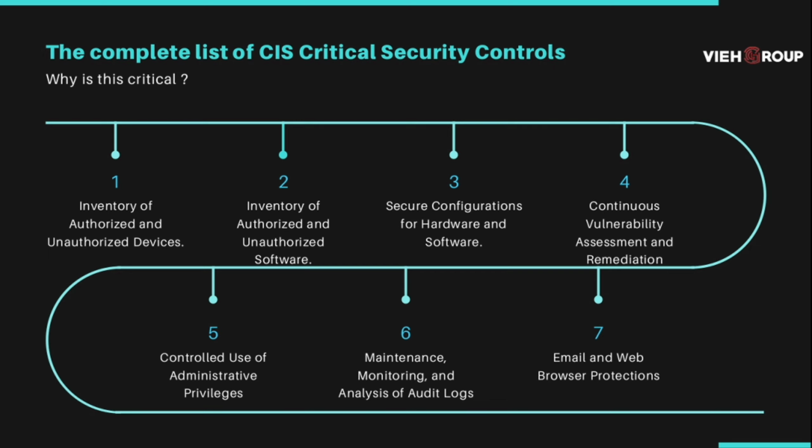The fifth point we passed along, and now it's time for the sixth point, maintenance, monitoring, and analysis of audit logs. Organizations need to collect, manage, and analyze event logs to detect aberrant activities and investigate security incidents. Now, why is this critical?